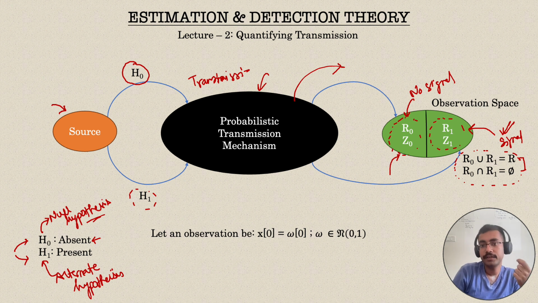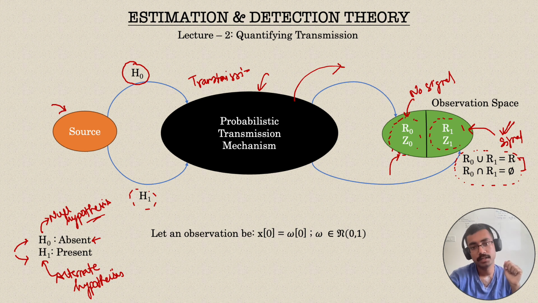For the purpose of quantification, taking it mathematically: if I don't send any signal, there is always a possibility that what is observed is just random noise. That's what we try to model here. In the simplistic scenario, we know the probability distribution of the observations under each hypothesis.